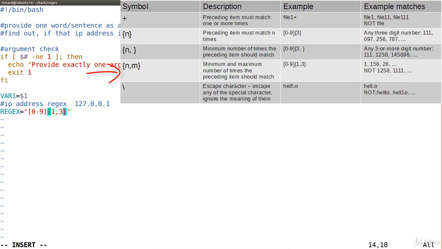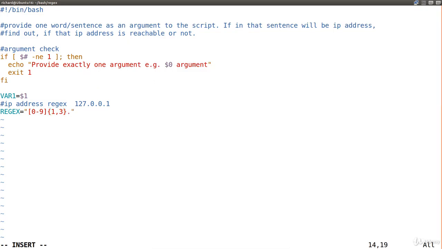Then we have dot, but dot is a special character, which means any character. So we need to use backslash before dot, and by that we are telling that this dot is only classical normal dot without any special effects. Now we can continue with second part, which is same as the first one, and the same we can do also for the third part.